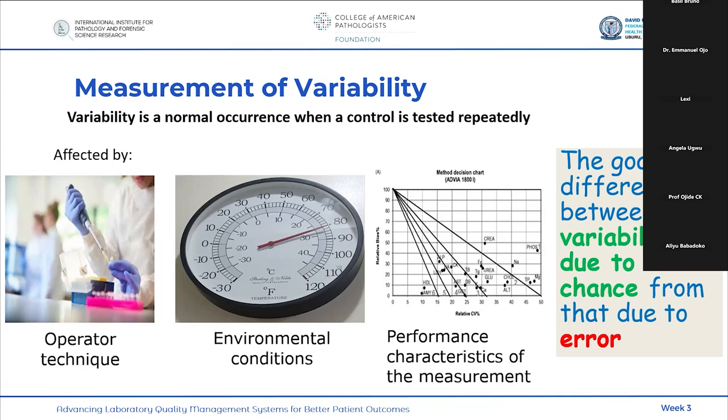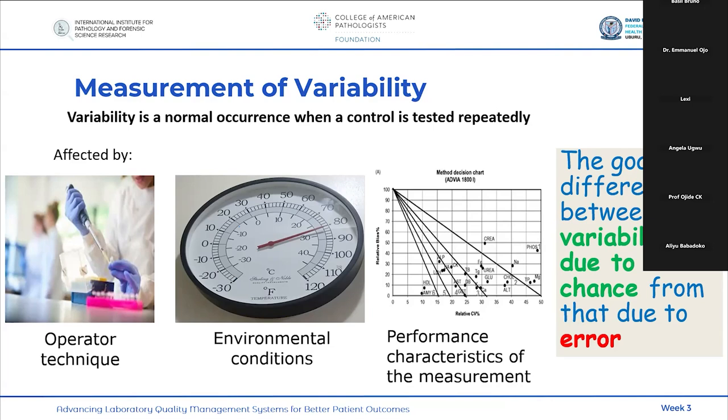It could also be inter-operator technique. And remember, the lab is not manned by just one person. In most cases, you have people running shifts. So you can see somebody running in the morning, another person taking over in the afternoon. So the variation can be due to operators' technique.